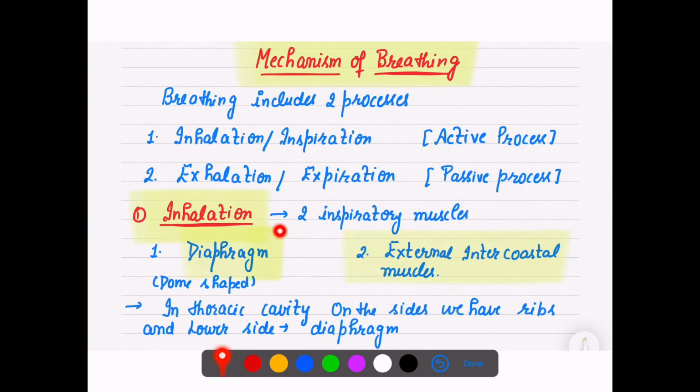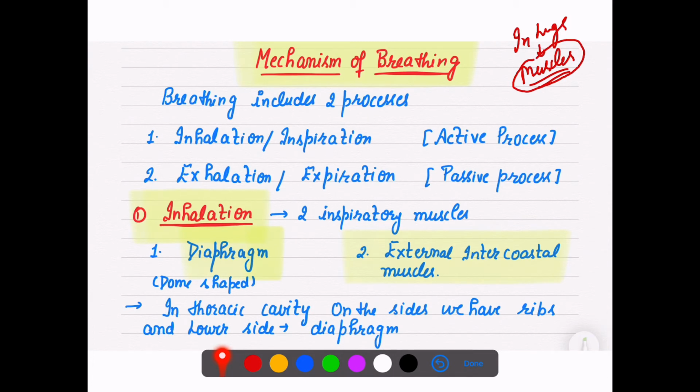Inhalation involves, as you can see, that in the lungs we are not talking about any kind of muscles. So when air has to move in and move out, a few muscles are involved. Lungs as such do not have muscles, but two inspiratory muscles, which are present in your diaphragm and in the ribs, help in the inhalation process.